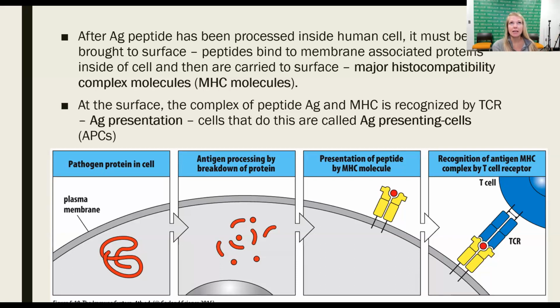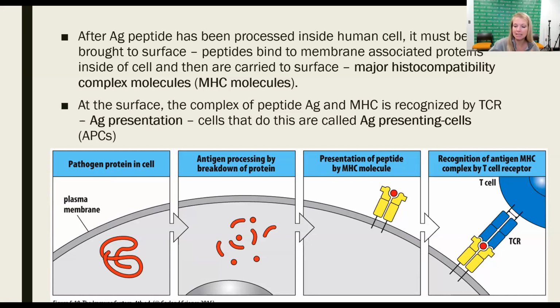This is a human protein that everybody has. Everybody has a set of MHC molecules. They're going to be very prevalent on these presenting cells, macrophages, dendritic cells, and they will present the peptide on the surface of the presenting cell. When a peptide is in conjunction with an MHC molecule, only then can that peptide be recognized by a T cell receptor.